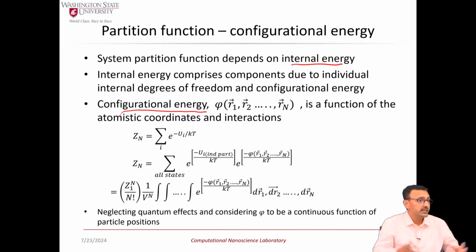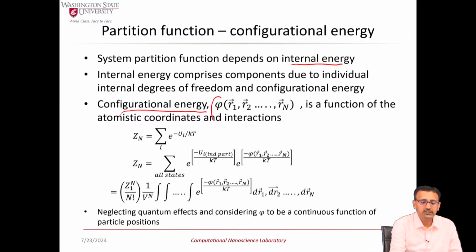By virtue of their interaction, in principle, you have a configurational energy that will result from all the interaction happening between the particles in the system, not necessarily just binary interaction. It could be third order, fourth order, or they might interact in very complex manner depending on the structure of the system. Though we most often assume just pairwise or binary interaction, in real life the interaction will be a lot more complex.